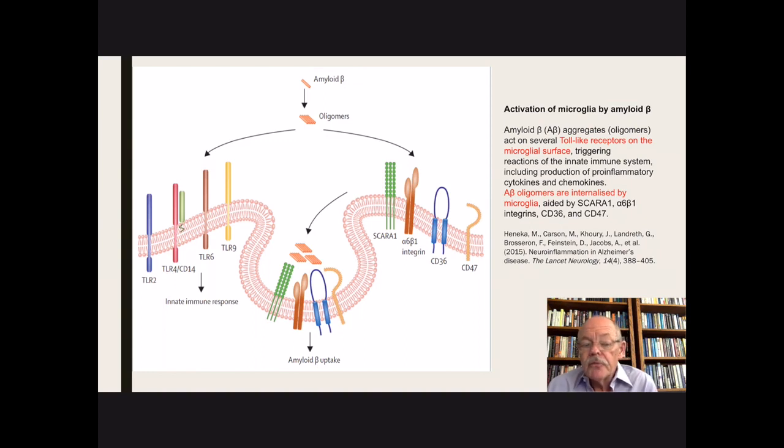The next slide is now the consequence of amyloid deposition in the brain, namely the activation of microglia. You can see here that amyloid oligomers are interacting with receptors of microglia cells. These are so-called toll-like receptors.